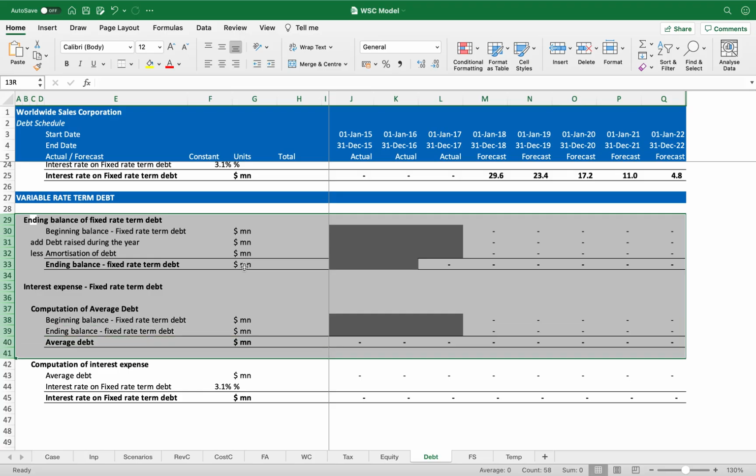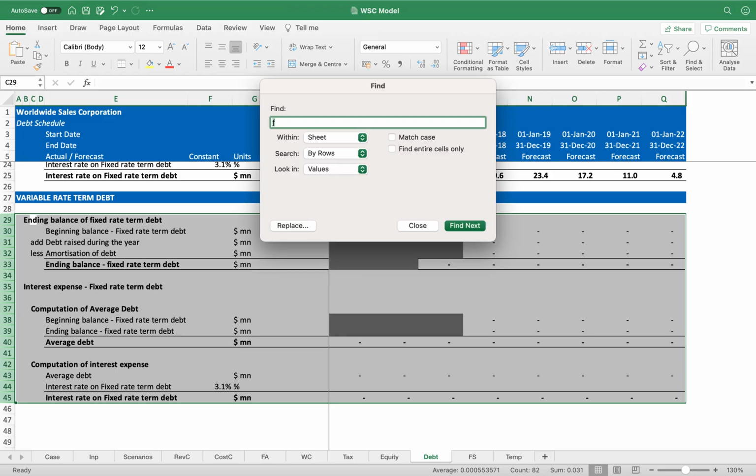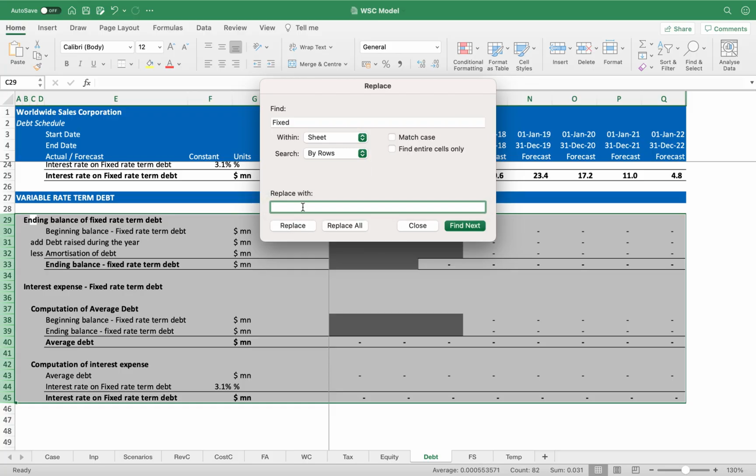So copy these and find and replace the word fixed with variable. Right? So find fixed and replace with variable.